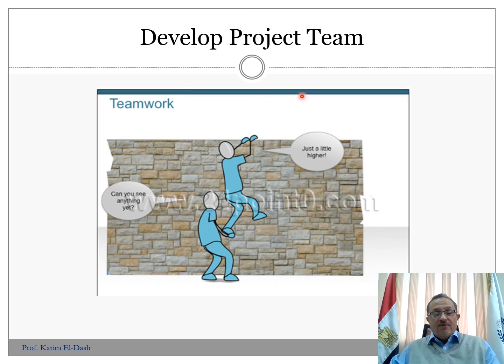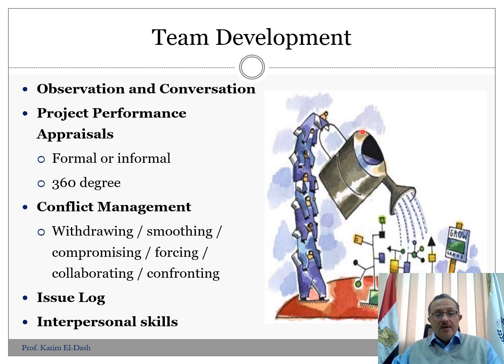In this case, we have to consider the individuals, the team, and the integration between the different personnel working in the project as well. Team development, in brief detail, involves observation and conversation. We always have to communicate with the people in the project.